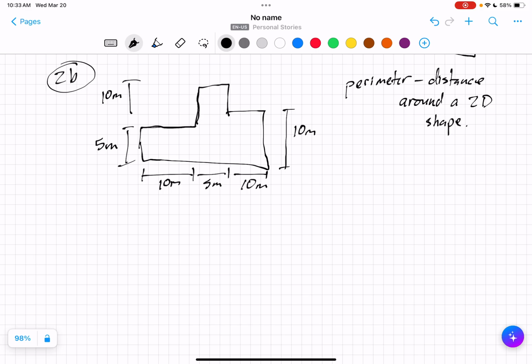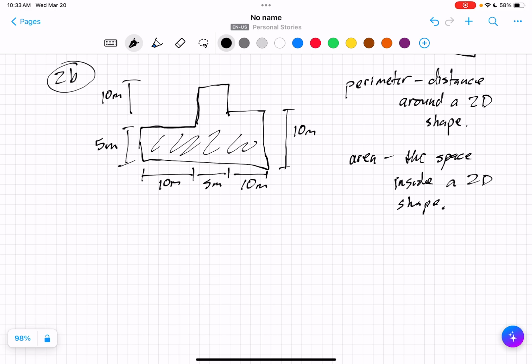We don't really care about what's on the inside of the shape. And then when they find the area, that is the space inside a 2D shape. So that's this part in here, okay, that we'll be looking at here in just a bit.